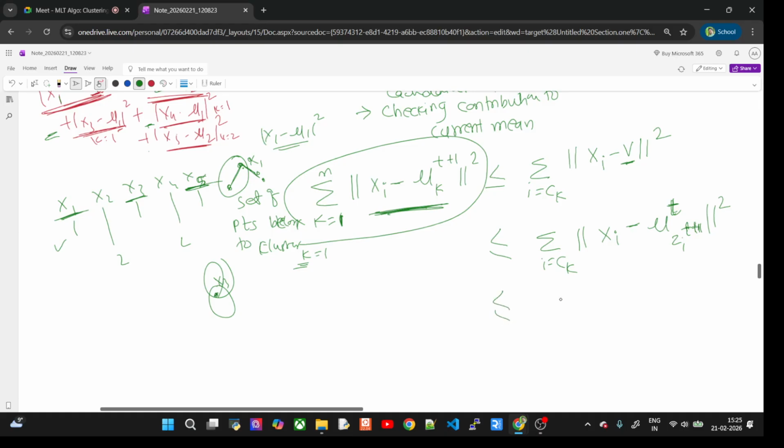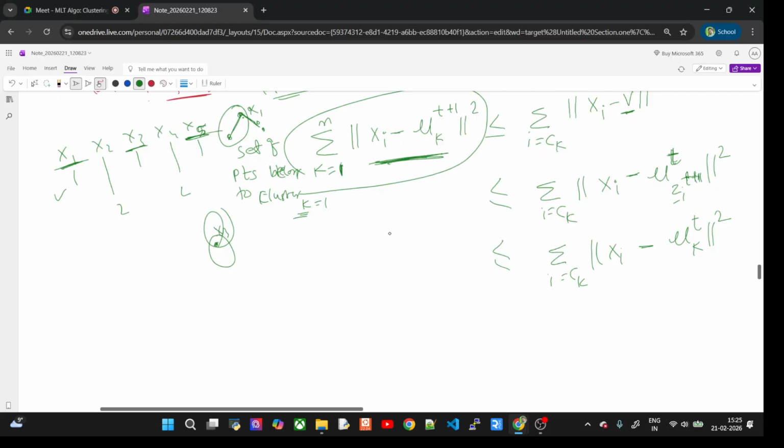That is nothing but xi minus mu t. Because it has to check what cluster it has to go to, this is what it is saying finally.